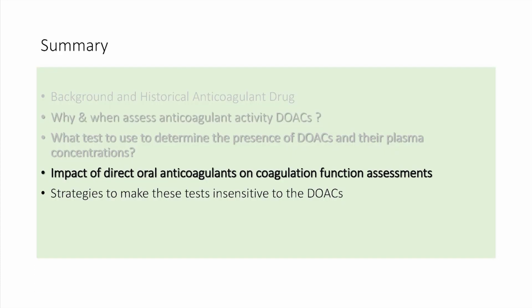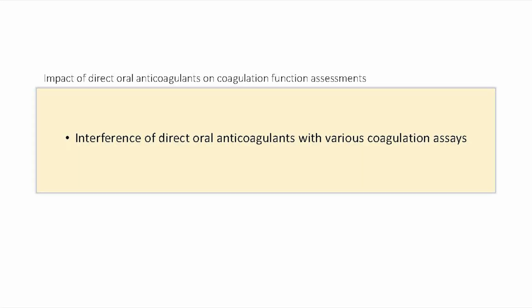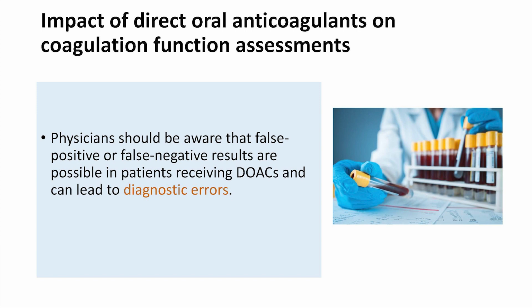Now we can look at the effect of oral anticoagulants on the group of coagulation tests that are used daily. It is very important to understand this, because we should be aware of false positives and false negatives related to the presence or use of direct oral anticoagulants, which can lead to diagnostic error.